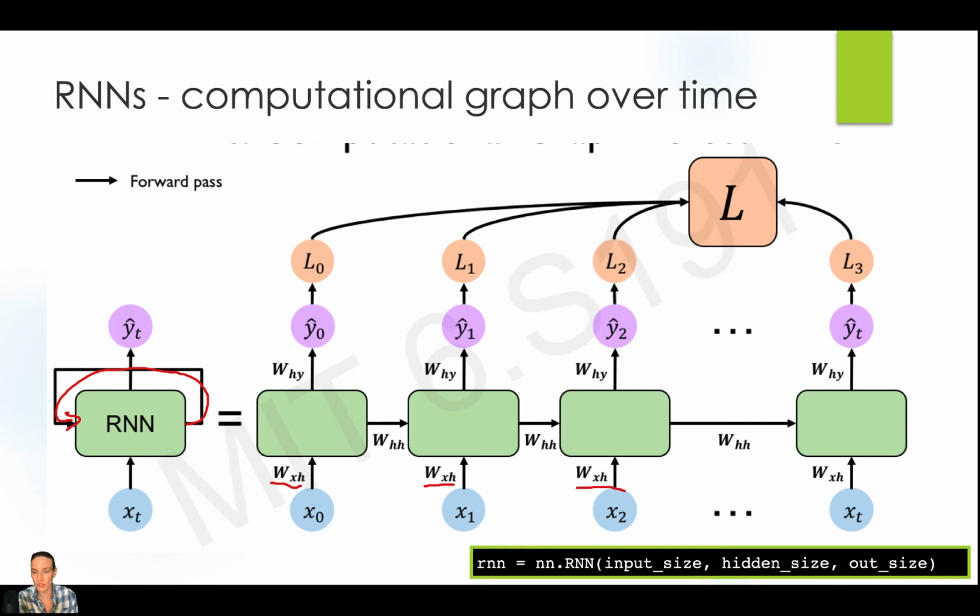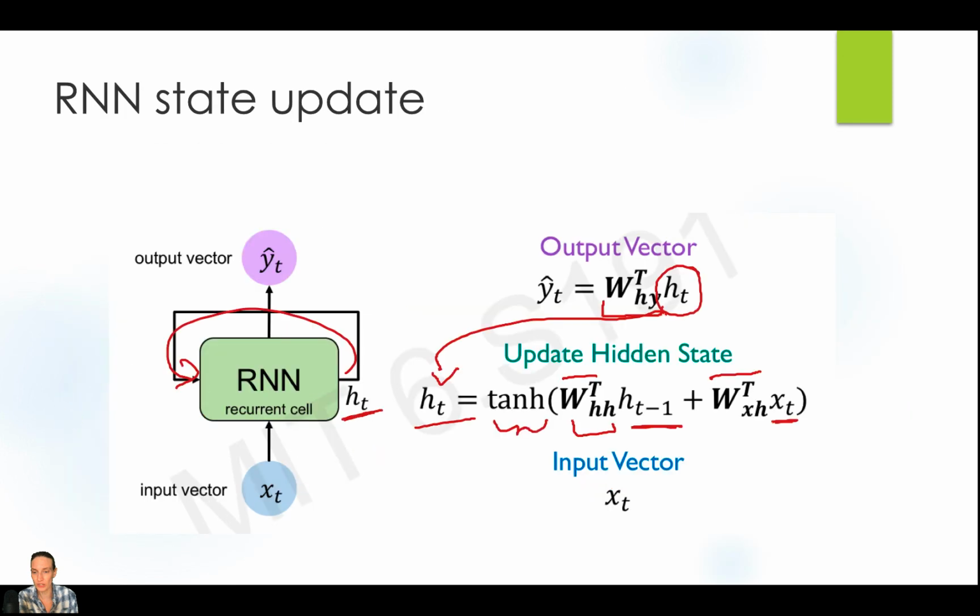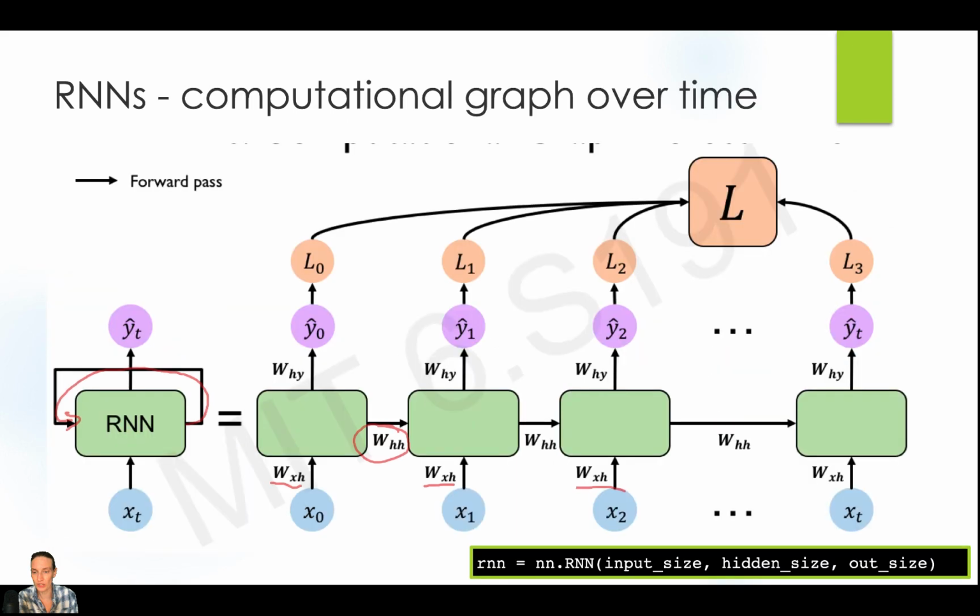Note that all these weight matrices are the same over time. This is very important. Then we have a weight matrix that we use to multiply the hidden states with. So in the previous equation, these are this and this matrix. And finally, we have a third weight matrix to get the final output of the cell. Note that these weight matrices are the same, and these are also the same. This is important.